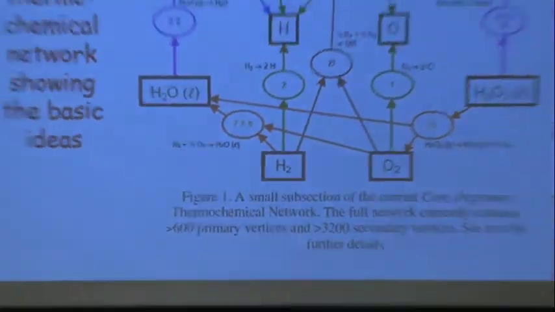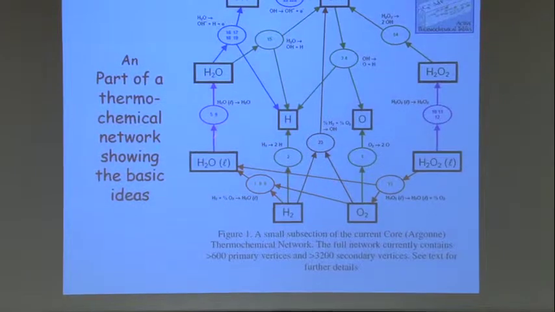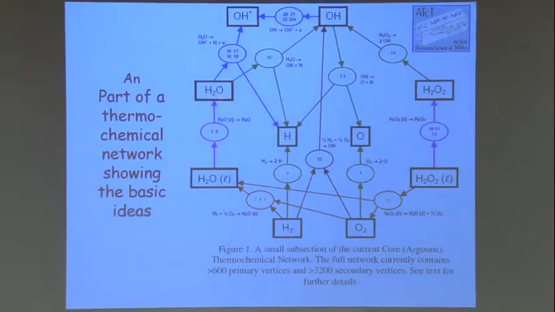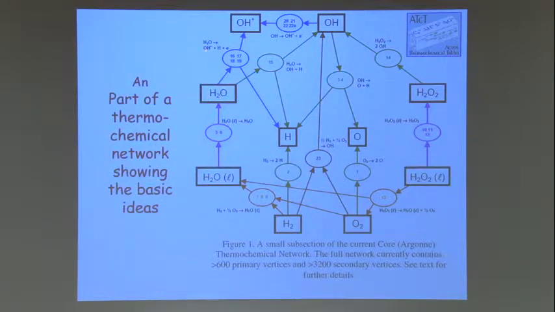And so this is a much more extensive one. So this is just part of hydrogen, oxygen. So you can go from water liquid to water vapor. You can then ionize water, forming OH plus H plus electron. You can dissociate the water to form OH plus H and finish up with H there, OH there, and H there.